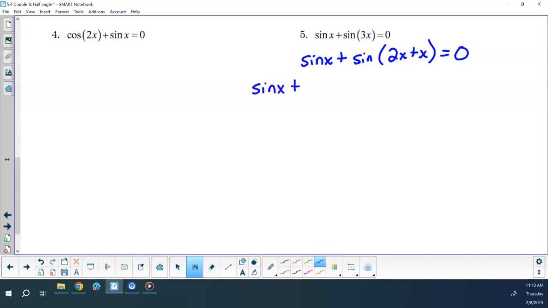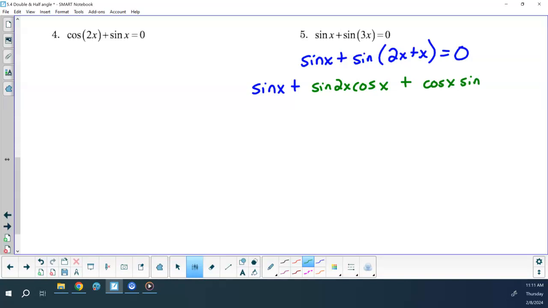sine of x plus, I'll switch colors with this one now, then this would be sine of 2x cosine of x plus cosine of x sine of 2x.